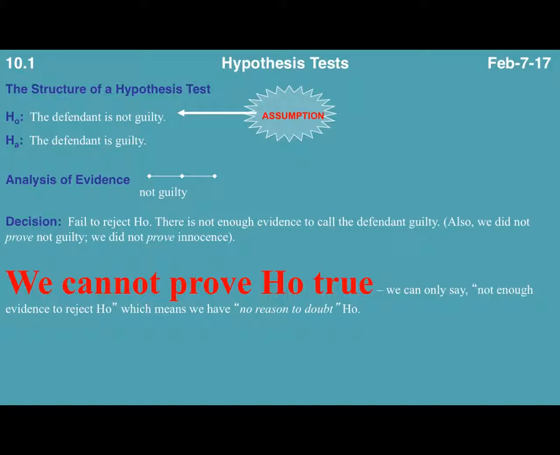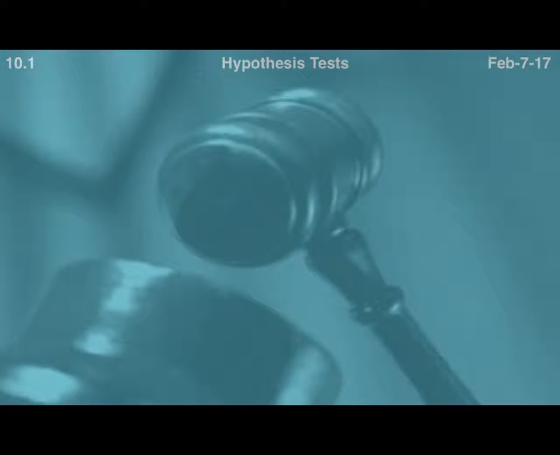So you always look for evidence in favor of HA, never in favor of H0. Really, what's most important in a hypothesis test is HA. You look for evidence in favor of HA. And then you either have evidence in favor of HA, or you don't have evidence in favor of HA. It's the alternative what? Hypothesis.